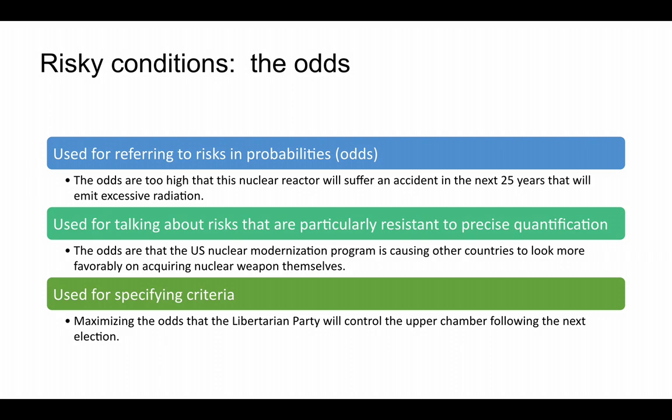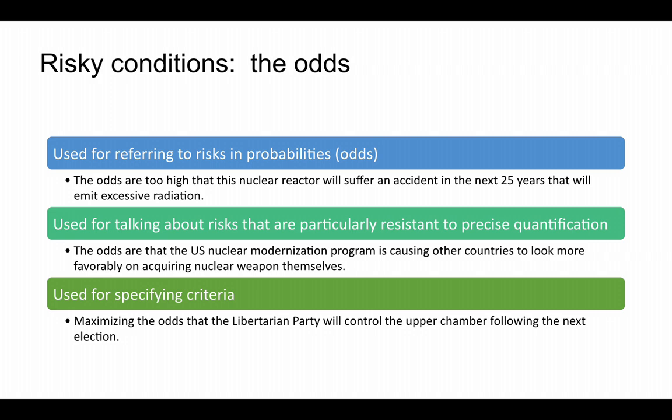Now, for example, the odds that the U.S. nuclear modernization program is causing other countries to look more favorably on acquiring nuclear weapons themselves. So that odds is used because you can't precisely quantify the probability that the U.S. nuclear modernization program will actually cause other countries to acquire nuclear weapons by themselves, right?